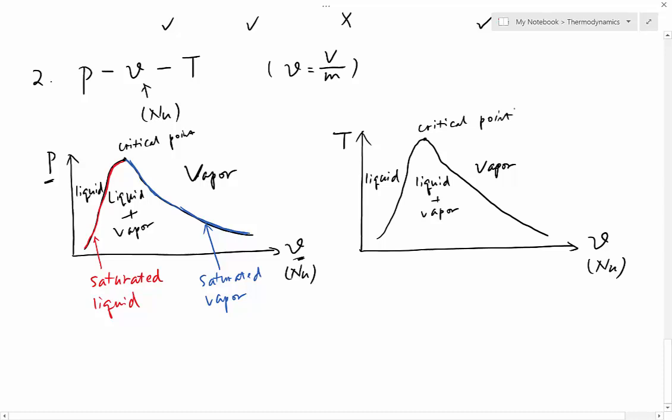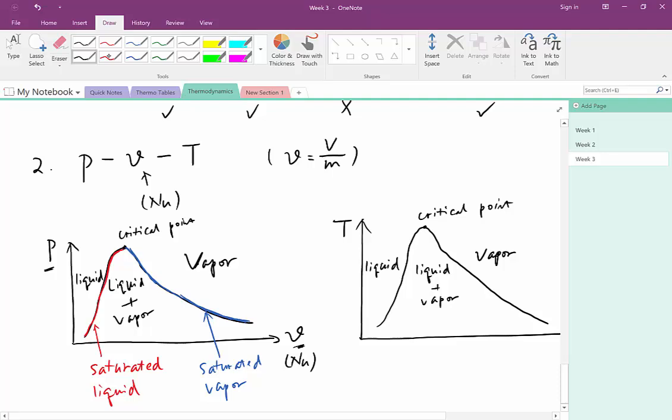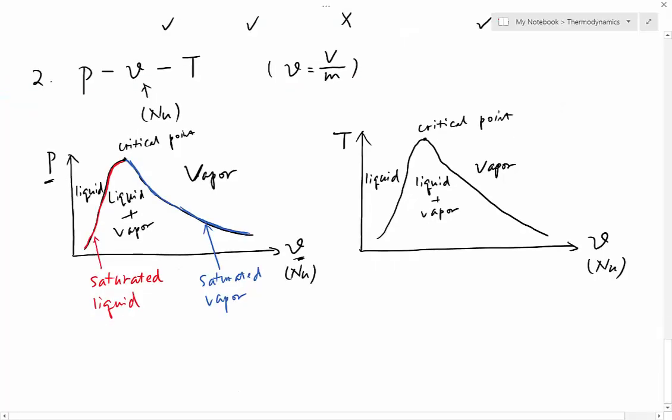All right. And then the left half of the vapor dome, still exactly the same as before. If it falls right on the left half of the vapor dome, then the substance must be saturated liquid.